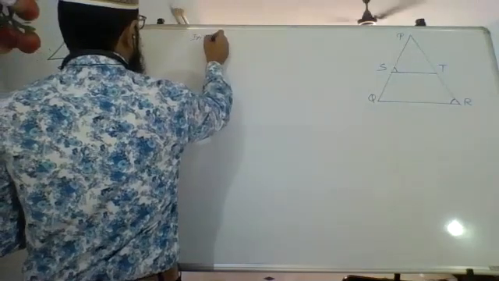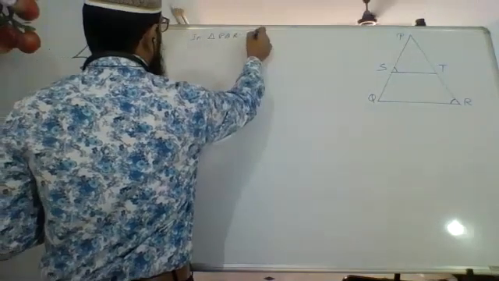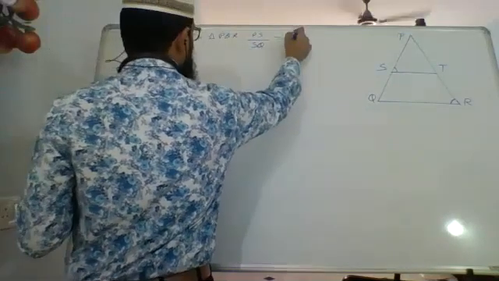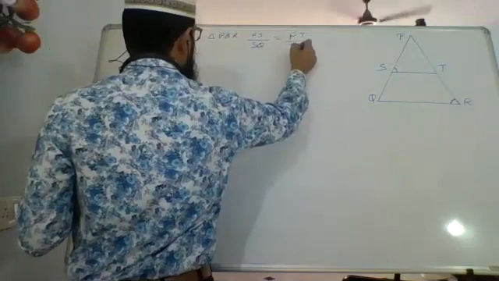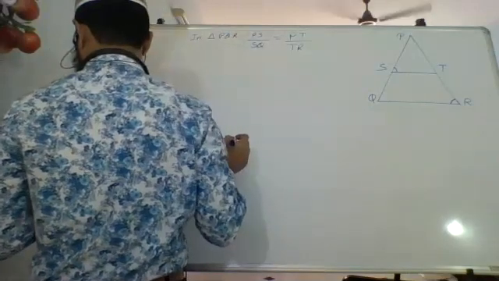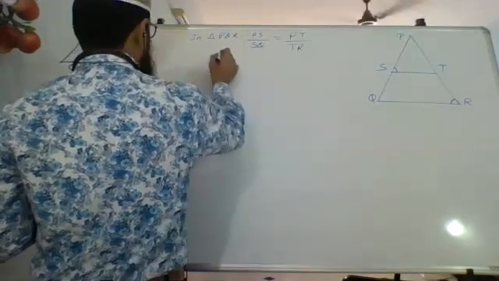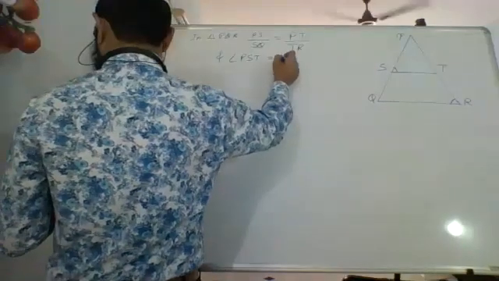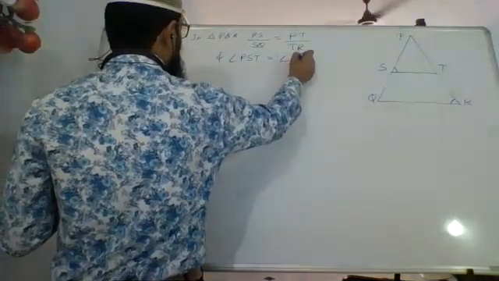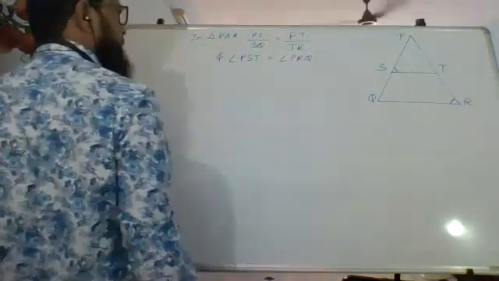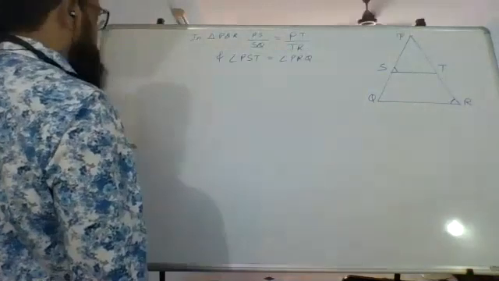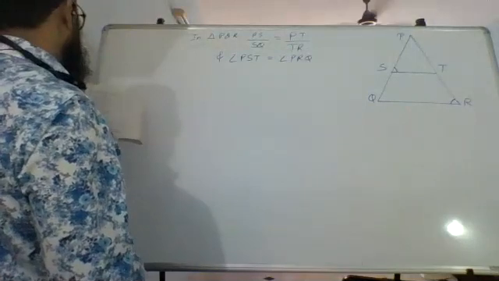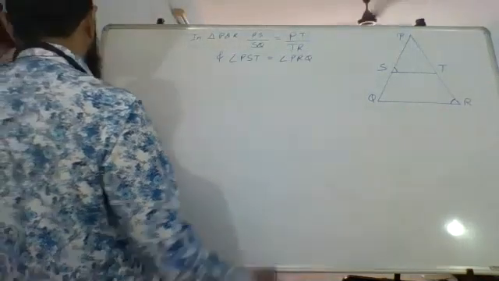In triangle PQR, PS upon SQ equals PT upon TR, and angle PST is equal to angle PRQ.